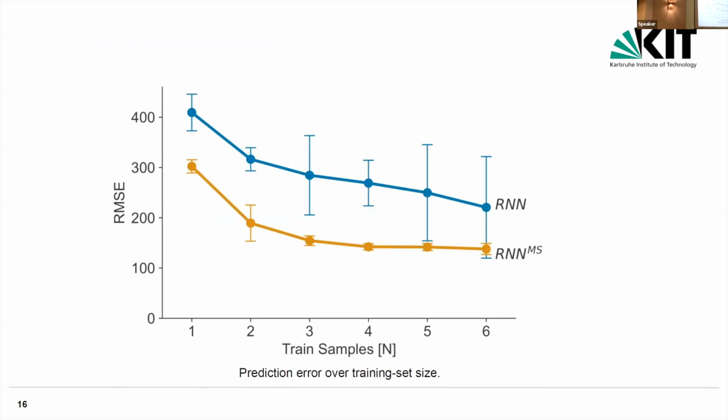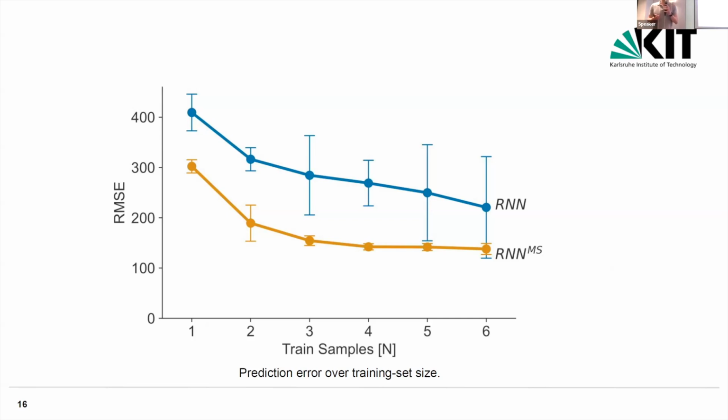And the results were that the top curve was the baseline, so basically the machine learning model without knowledge injection, and the bottom one is our method. On the x-axis, you see what happens when we increase the amount of data.